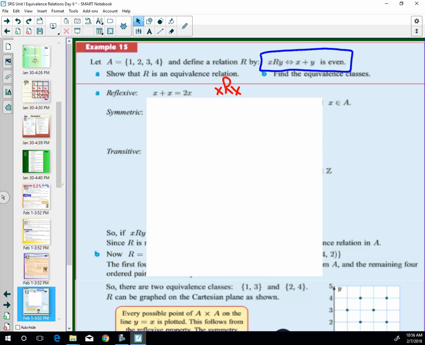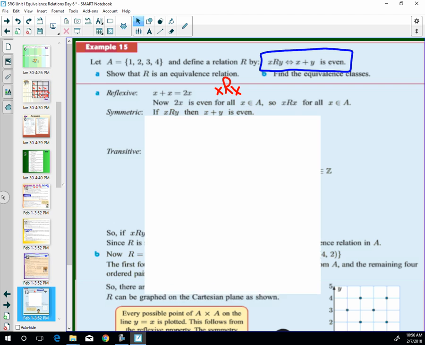What can you tell me about 2X? It's always even. So X R X for all X in A. No matter how I combine these, 1 plus 1, 2 plus 2, 3 plus 3, 4 plus 4, those will always be even. And that's kind of cool.